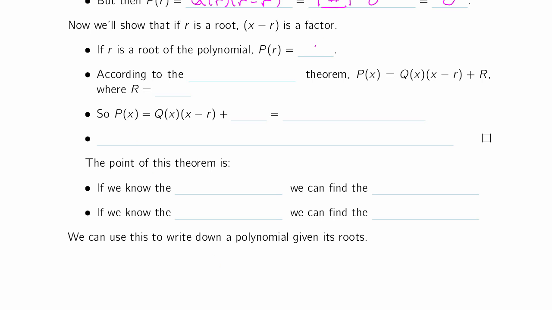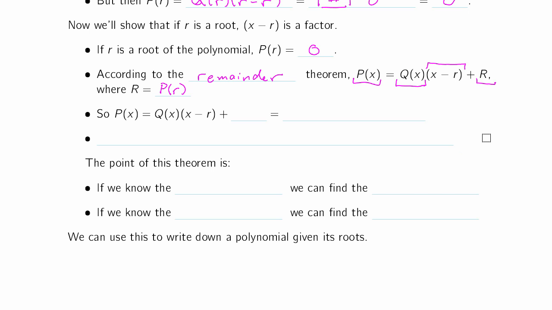If we have a root, then p of r is 0. According to the remainder theorem, though, any polynomial can be written as some other polynomial times x minus r plus some remainder, where the remainder is equal to p of r.